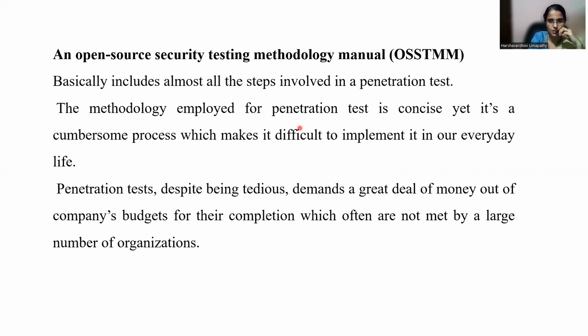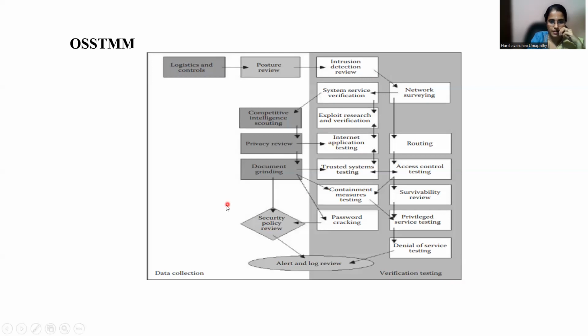This type of methodology is somewhat difficult to implement, but it works best. It is mainly of two types: one is data collection, and another is verification testing. These are the two important components. In data collection, we have to go through logistics control, posture review, and then privacy review, document grinding, and overall log.